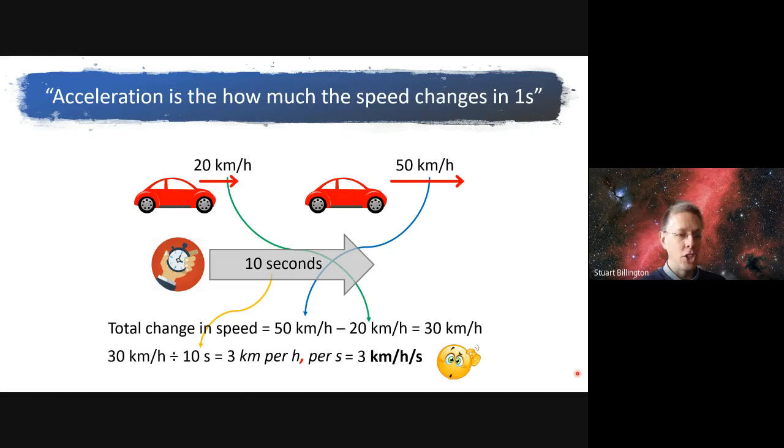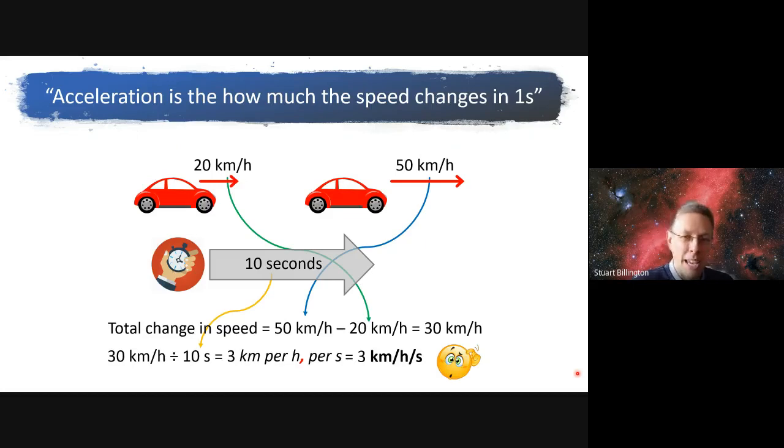And it should make you think that looks a bit strange and unfamiliar. It's pronounced 3 kilometers per hour per second. But I do need you to pause after the word hour, because if you just say 3 kilometers per hour per second, that just sounds weird.